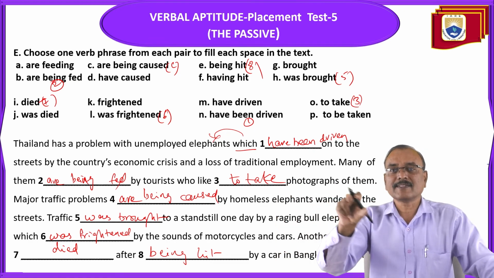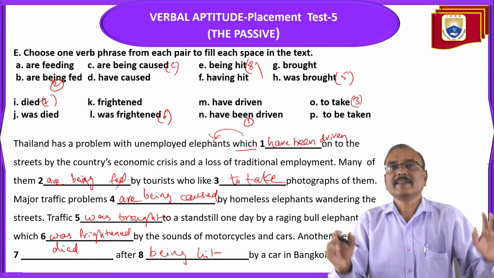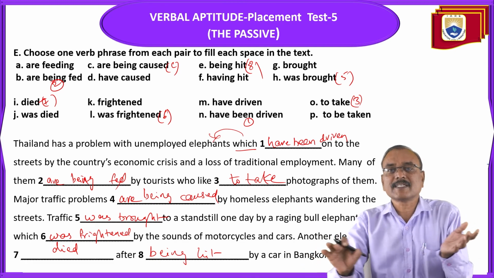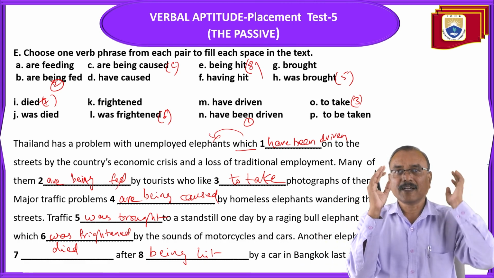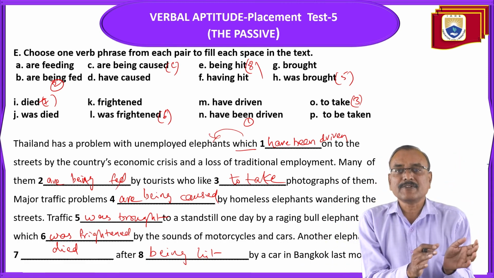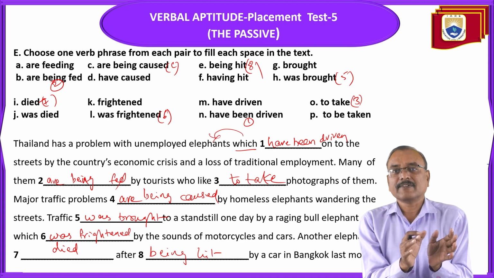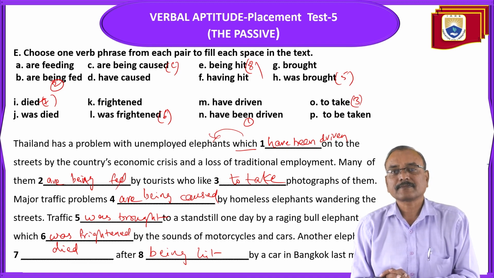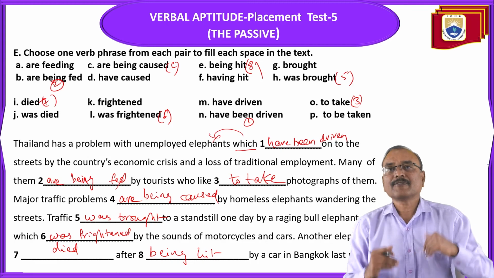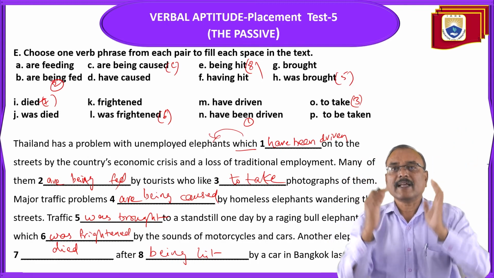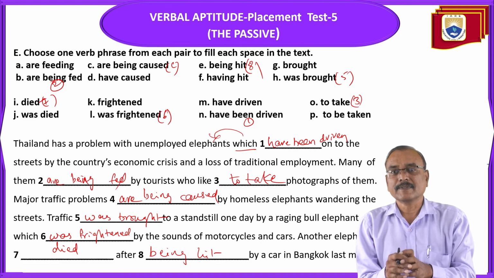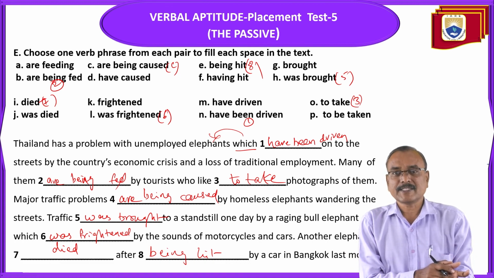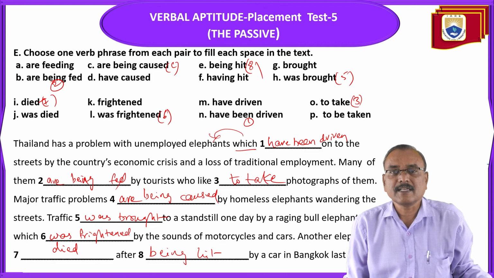But here they don't give such instructions. We have to identify whether the blank needs an active verb or a passive verb. And of course, we have to choose the right word and right form of that verb, whether active or passive.